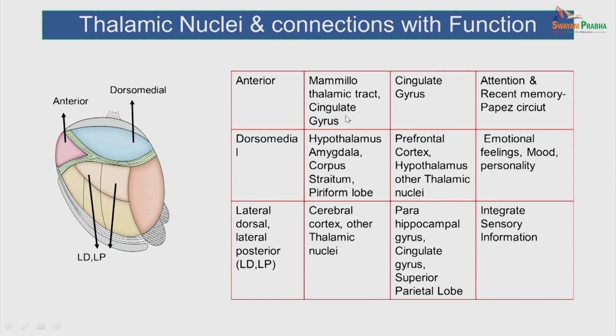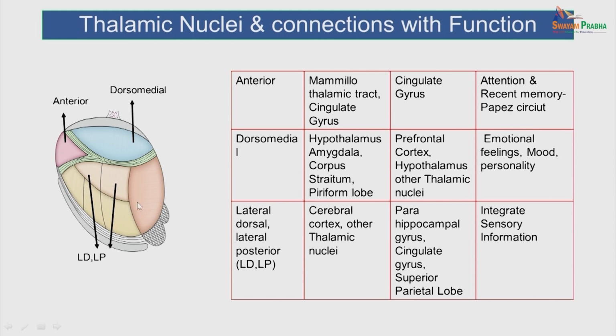It sends efferents to the mammillary body of the hypothalamus and to the cingulate gyrus in the cerebral cortex, and it receives afferents from the cingulate gyrus. The main function of this anterior nucleus is attention and recent memory, and it is a part of the Papez circuit.